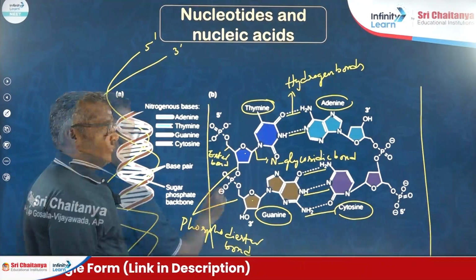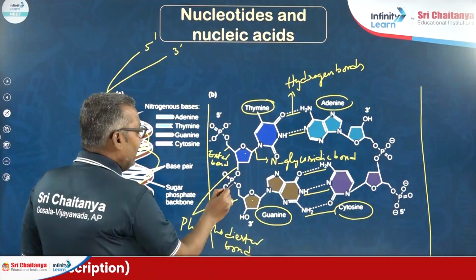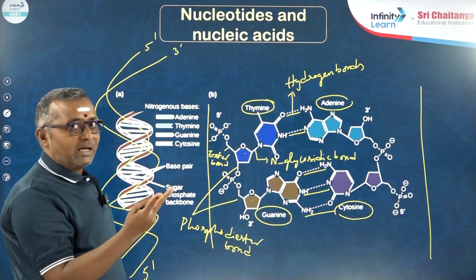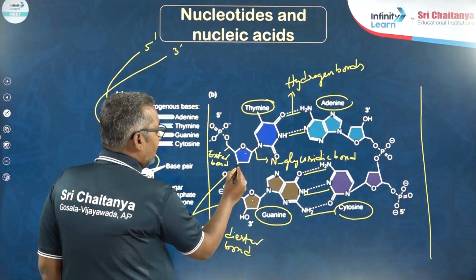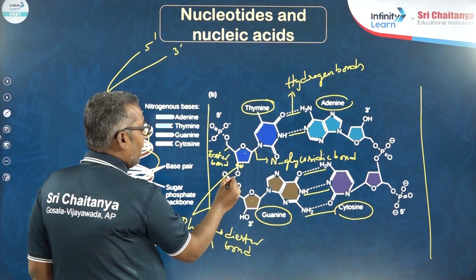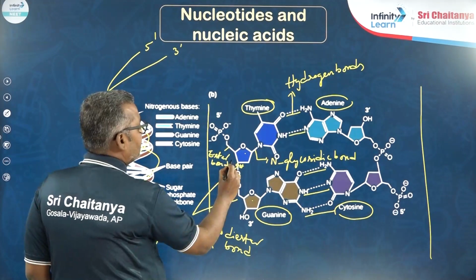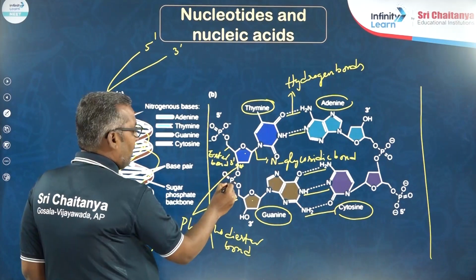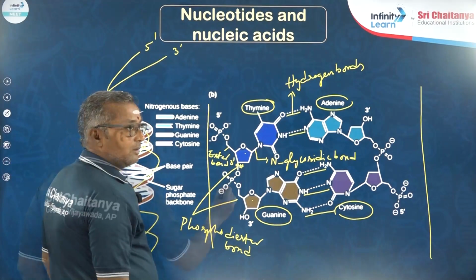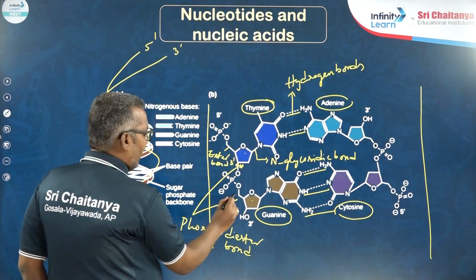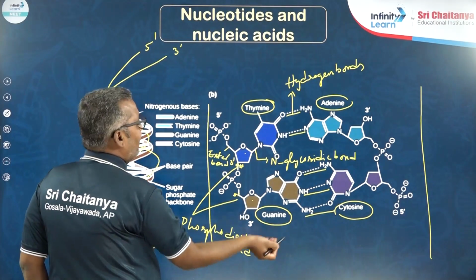Let us see now. This phosphate links to the succeeding nucleotides by 2 ester bonds on either side. Hydroxyl group of pentose sugar forms an ester bond with phosphate. Hydroxyl group present at 3' position of the pentose sugar forms an ester bond with phosphate, and this phosphate also forms an ester bond to the 5' carbon of the next pentose sugar.